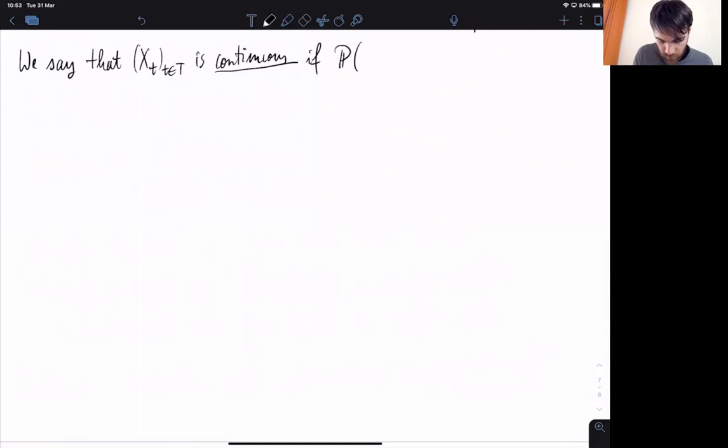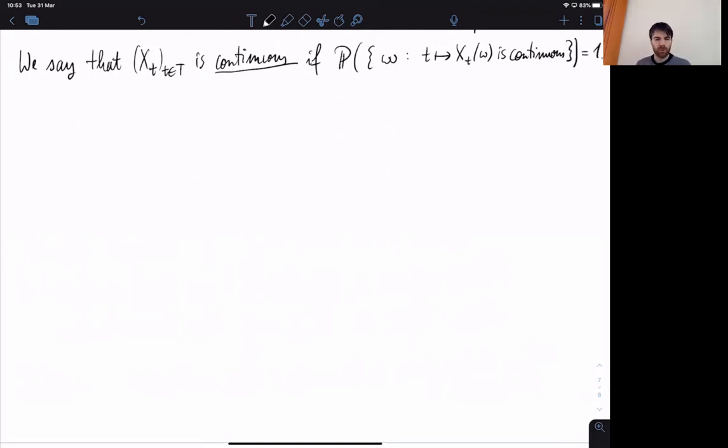And we say it's continuous if the probability of the set of all omegas for which the path is continuous is 1. So almost surely you should have a continuous path.